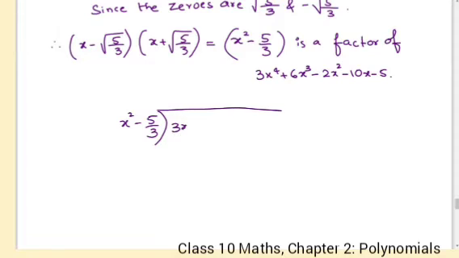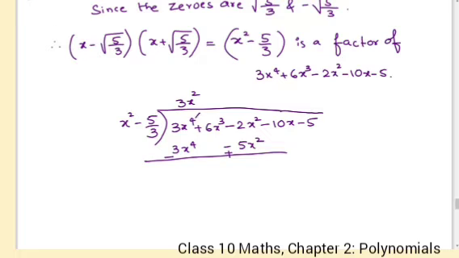x square minus 5 by 3, divide that, is a divisor. Divide it into 3x raised to 4 plus 6x cube minus 2x square minus 10x minus 5. Multiply it with 3x square. The first term gets cancelled and the other remaining terms you write down here. And again multiply with 6x.